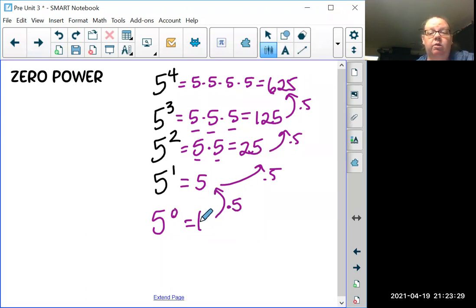So any number to the 0 power equals 1, not 0, because that's the beginning of that pattern of multiplying. If it was 8 to the 0, then 8 to the first and 8 to the second, it would have to be 1, and then I would multiply by 8 each time. So any number to the 0 power equals 1, not 0.